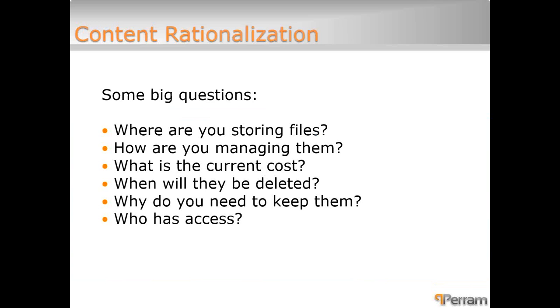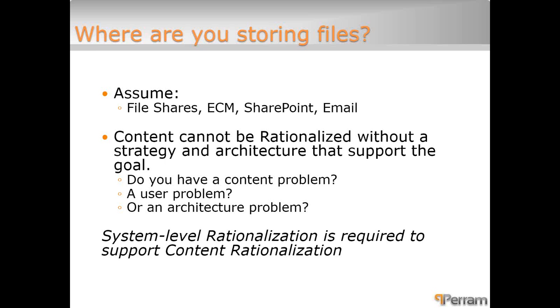So the big questions: where are you storing files, how are you managing them, what is the current cost associated, when will they be deleted, why do we actually need to keep them, and who has access. Some interesting questions when we take a look at these in the context of content rationalization.